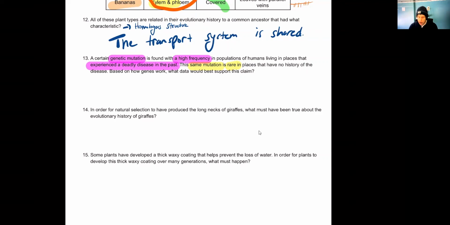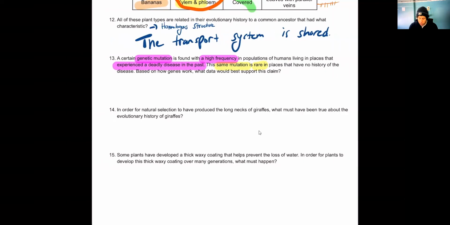So this question is asking, we have a group of humans, and of this group of humans, I'm going to just put some dots in here. All of these humans have some mutation to protect them from a disease. There's only a couple people that don't have the protection in this group.